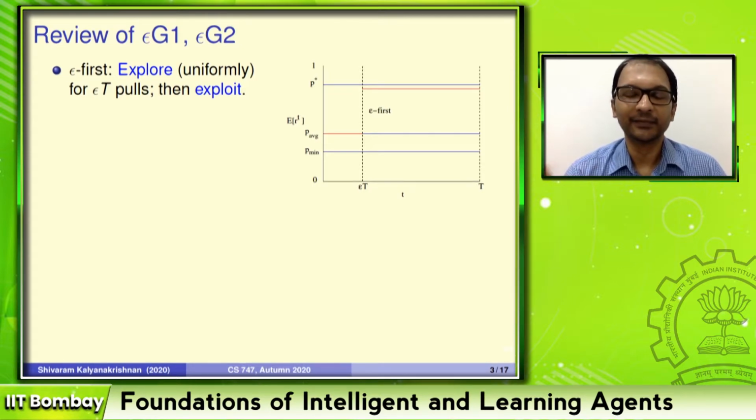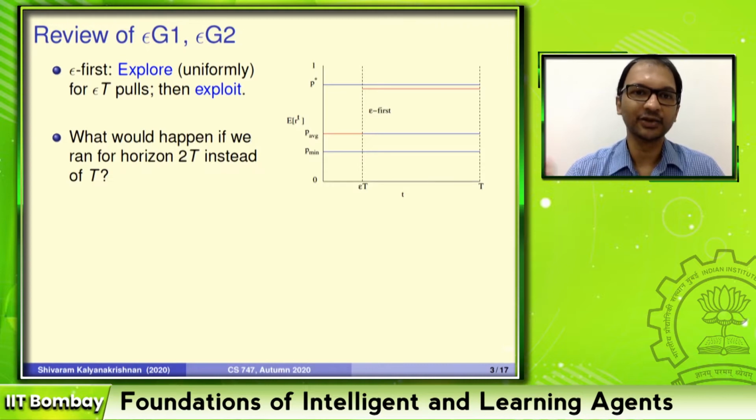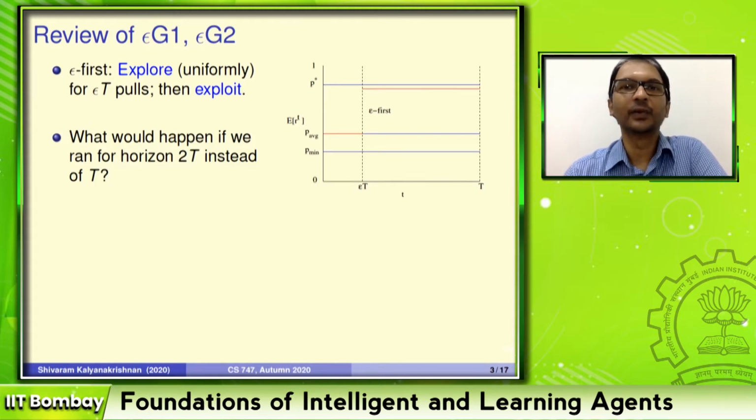But the point is, whatever we manage to do in the second phase, even if we concede that we are optimally playing P star in the exploitation phase, it remains that we have an exploration phase whose length is epsilon times t. So if you ran this algorithm for a horizon of 2 times t, rather than t, how is this graph going to look? The graph is going to look pretty much the same. Instead of t over here, you will have 2 times t, and this number, crucially, is going to be 2 times epsilon t.